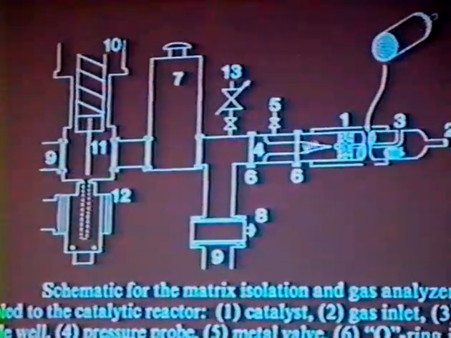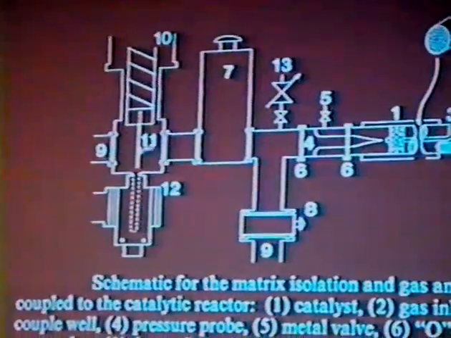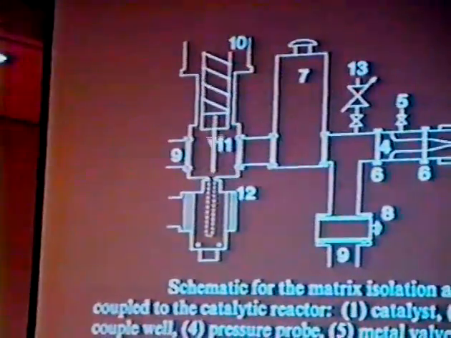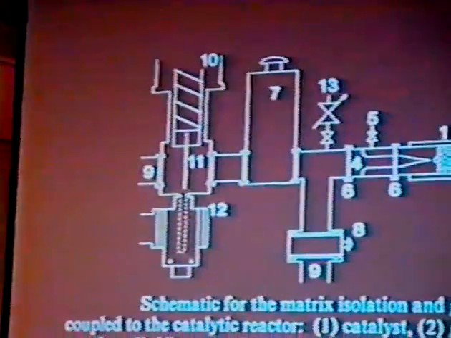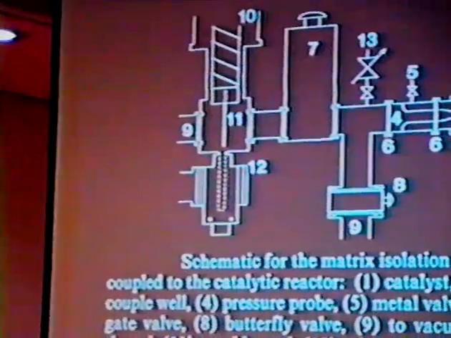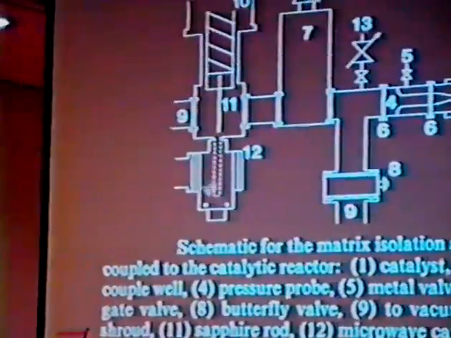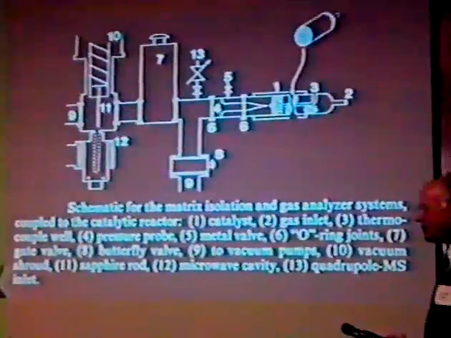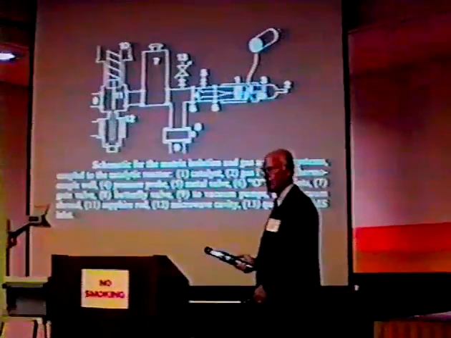So radicals entering the leak have more or less a free path to traverse and be collected on a cold sapphire rod, which is at about 15 Kelvin. After collecting the matrix for a period of about 20 to 25 minutes, the rod is lowered into the microwave cavity of an ESR spectrometer, and we look to see whether indeed we form radicals, and if so, of what type.